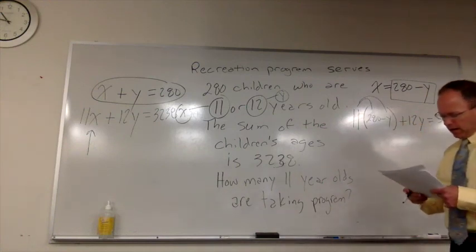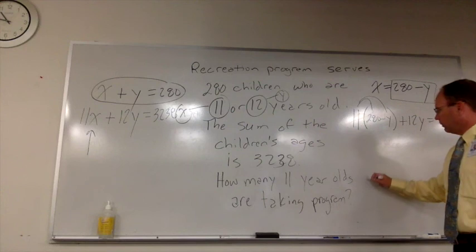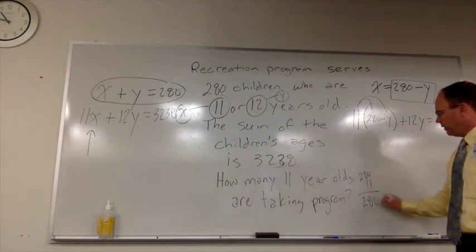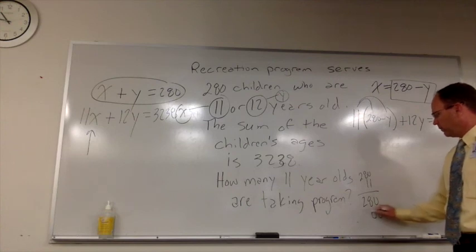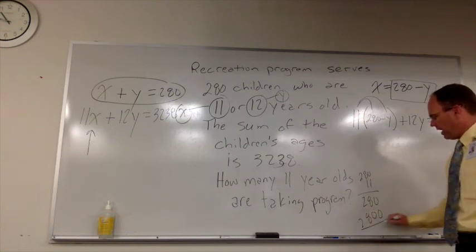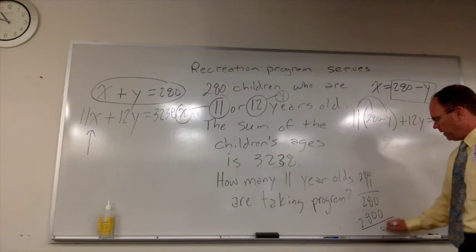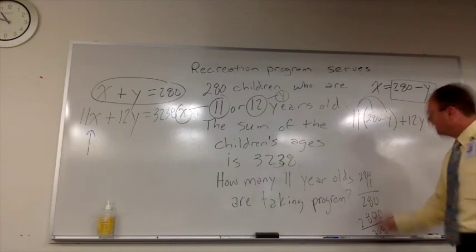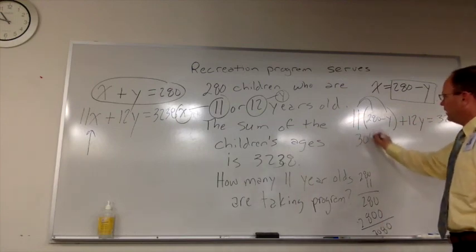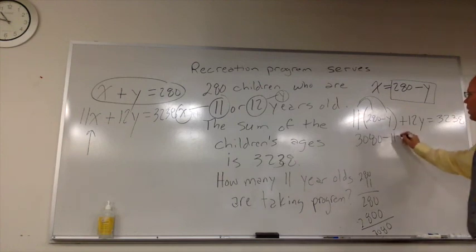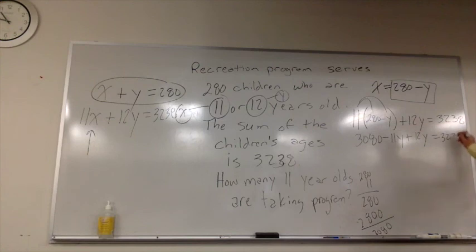So 11 times 280, I might have to do a little bit of math on the side. I get 280 and 2,800, add them together, and that gives me 3,080. So I get 3,080 minus 11Y plus 12Y is equal to 3,238.